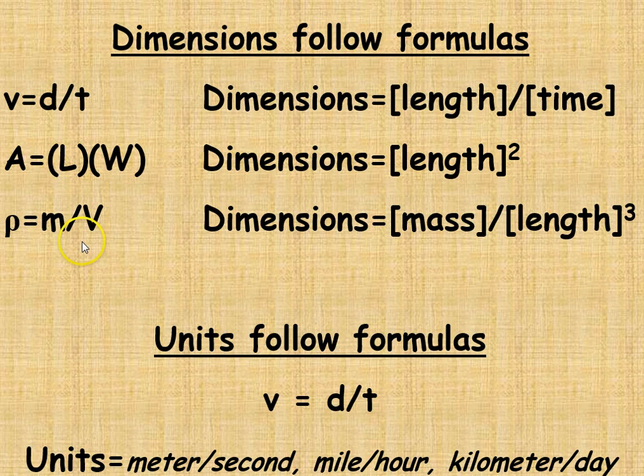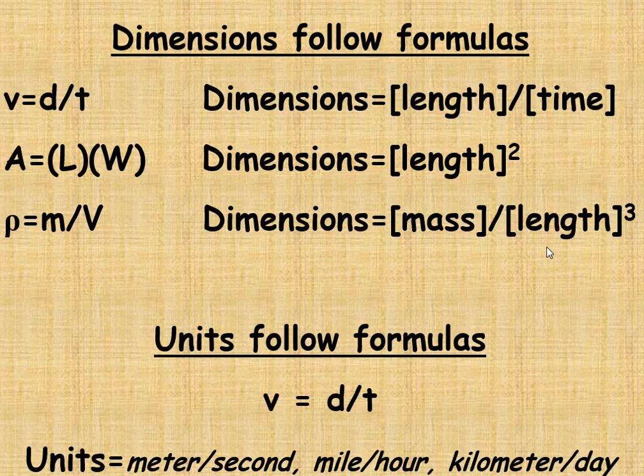The last equation is one which you use in chemistry. That symbol there is called a rho, but it's the symbol for density. And density is equal to mass divided by volume. And in the case of this last quantity, the dimensions would be the dimensions of mass divided by the dimensions of length cubed.